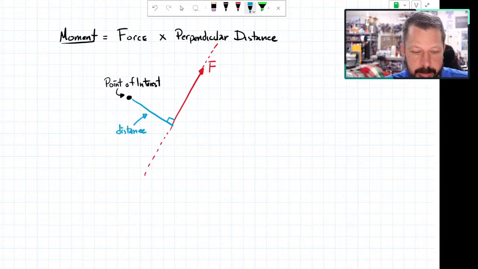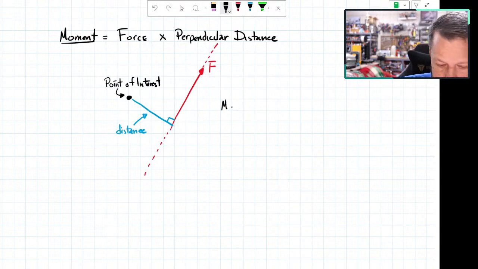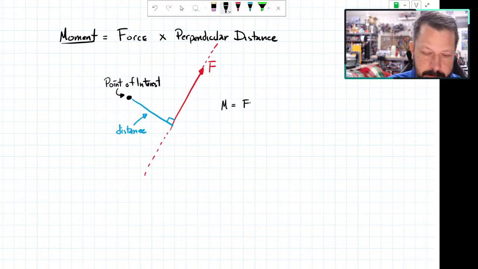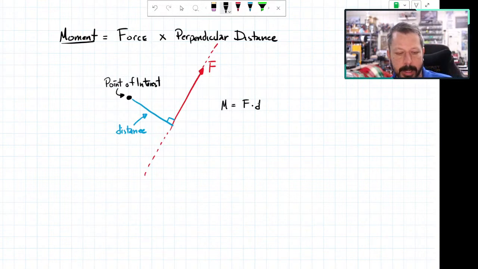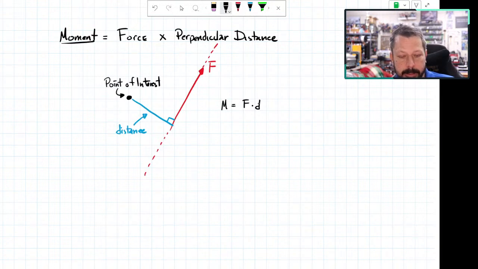So if I want to calculate the moment that the red force creates around the point of interest, then I would say the moment equals F, whatever magnitude this force is, 10 pounds, times D, however long that blue line is, 10 inches, and I've got 100 inch-pounds of moment.